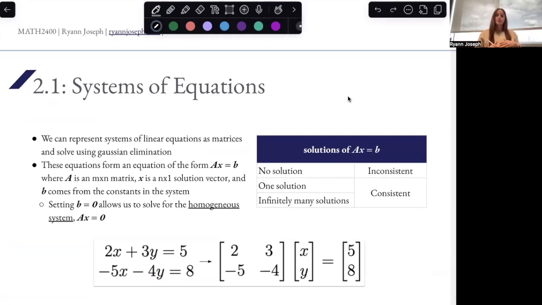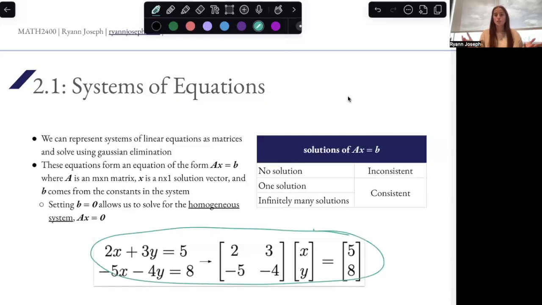Okay, 2.1, we're talking about how we can use matrices to represent systems of linear equations. With this example down here, I feel like it's the best way to understand it: a linear equation is an equation where we have things being linearly combined. By definition of linearly combined, we're only going to be multiplying things by numbers, so scalars, and we will be using variables.